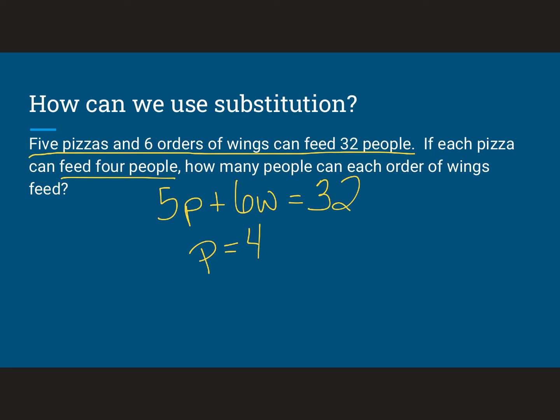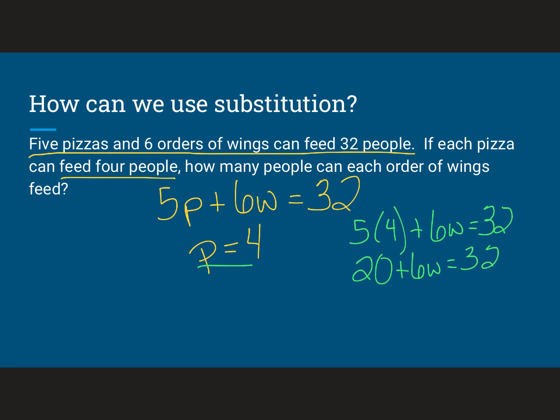So I'm just going to go ahead and substitute this value for P into my equation. So I have 5 times 4 plus 6W equals 32. Well, 5 times 4 is 20. So I have 20 plus 6W equals 32.